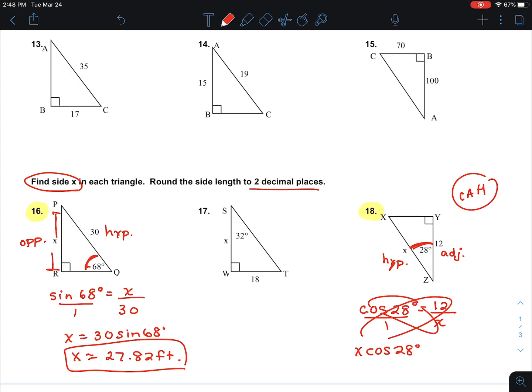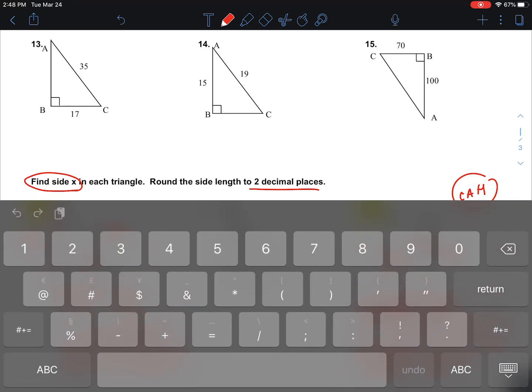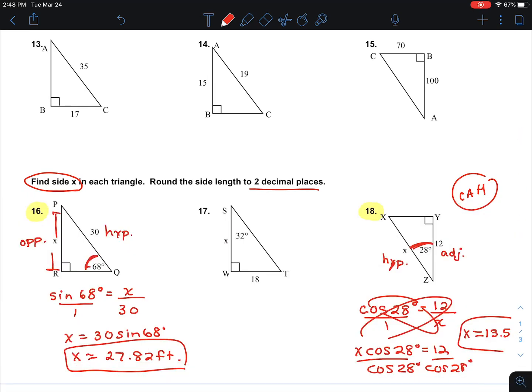We're going to cross multiply, then divide by cosine of 28 degrees, and this is going to give us roughly 13.59. Whoops, sorry, I ran out of room here, but 13.59 feet there.